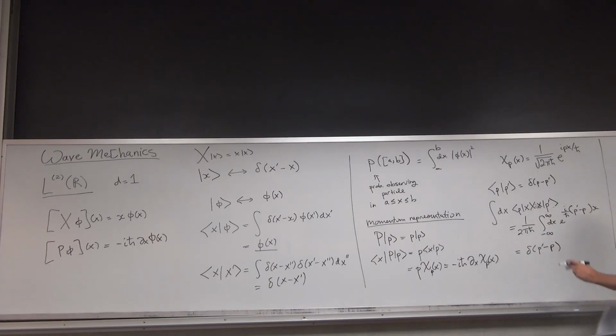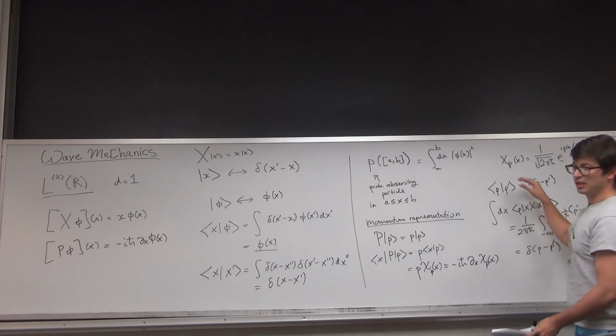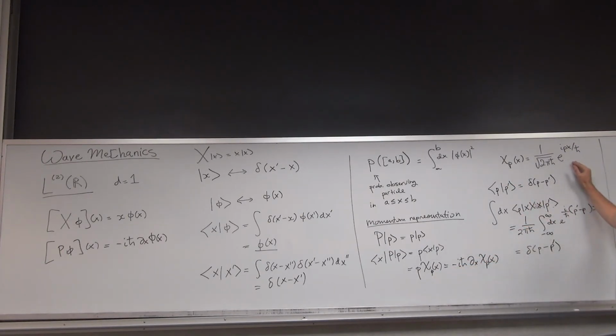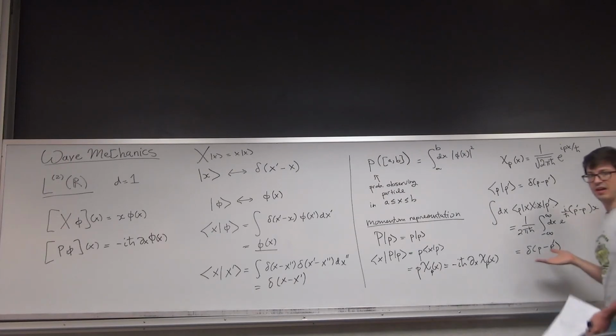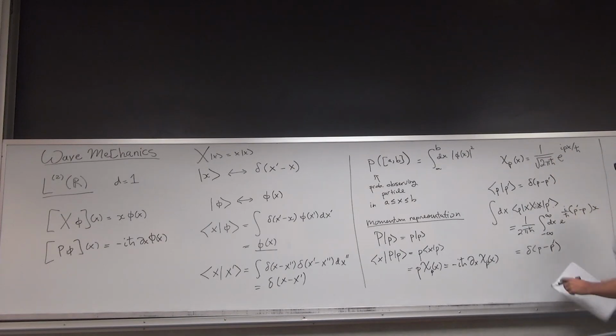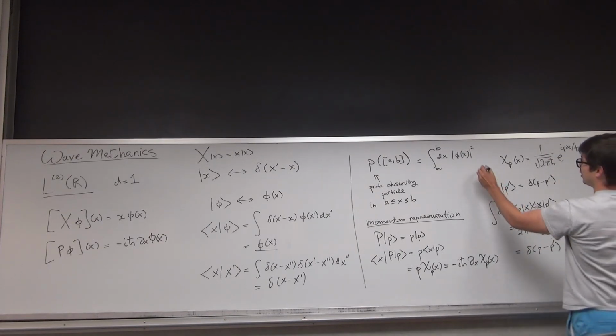This is even, so it's the same as p minus p prime. So that's what it is. This is a solution to this differential equation, and you see if we choose this normalization appropriately, we can get this orthonormality condition.